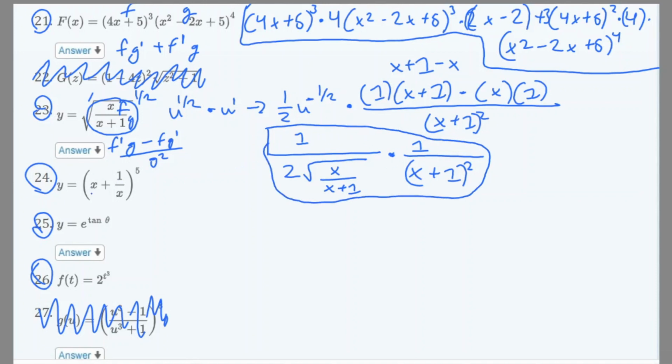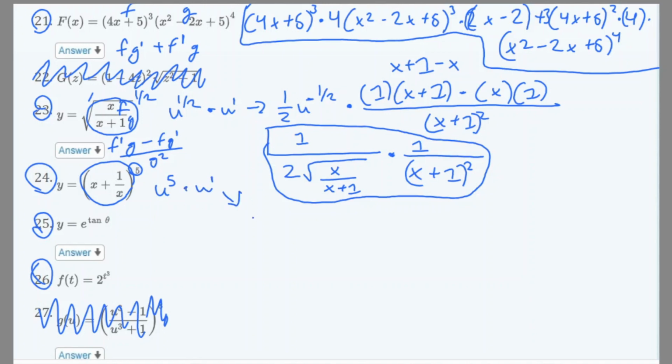But now for number 24, we just use one rule, the chain rule. So this is the inside function. To the power of 5 is the outside. So we do u to the 5 multiplied by u prime.